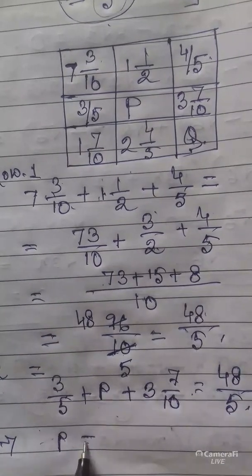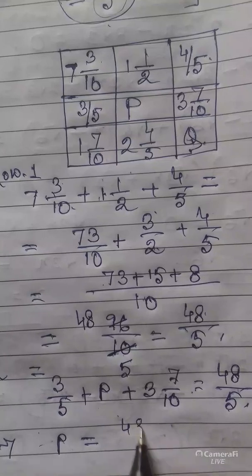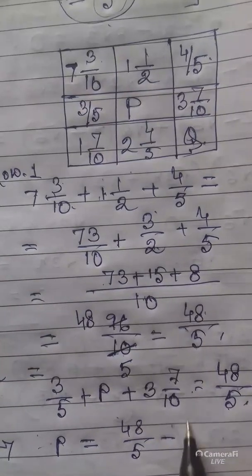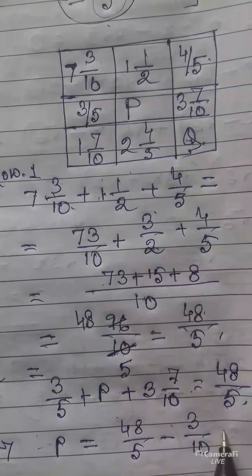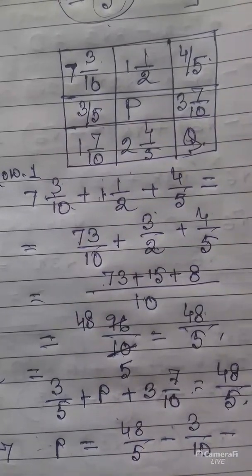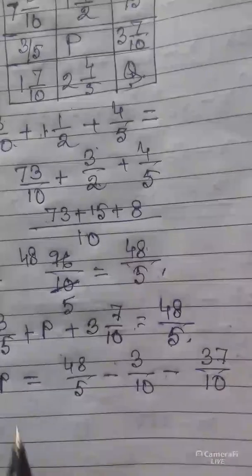P equals 48 by 5 minus 3 by 5 minus 37 by 10.